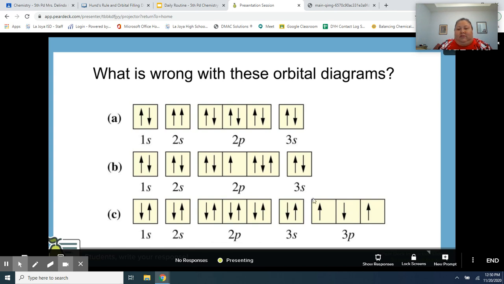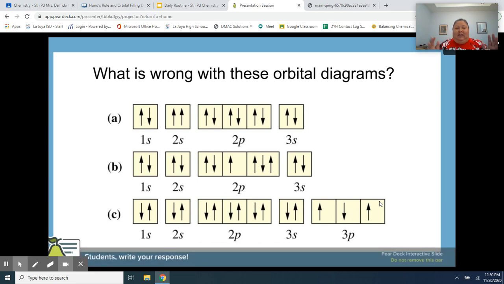3p needs arrows. Okay, let's look at 3p. I don't think it needs arrows. I just think that one of these has... Now, remember, Hund's rule says if you have single electrons, right? If you got your first best friend, you got Yalexia, Oscar, and America. That means each one has one electron, right?